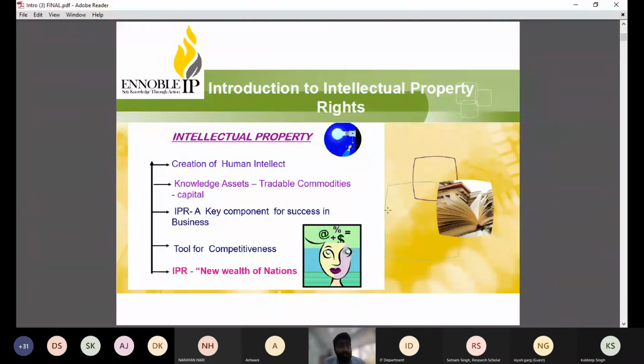That means these are our intellectual property rights, which give us certain exclusive rights to exercise. Just like you have a mobile phone, and without your permission no one can use it, in a similar way, if you protect your idea, your technology, your creative work under intellectual property rights, you will be the exclusive owner of that particular work or idea, and without your permission no one can use your idea or technology.